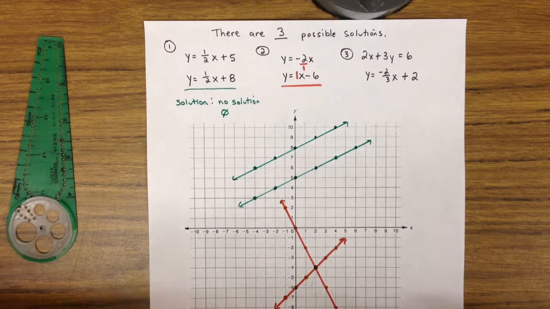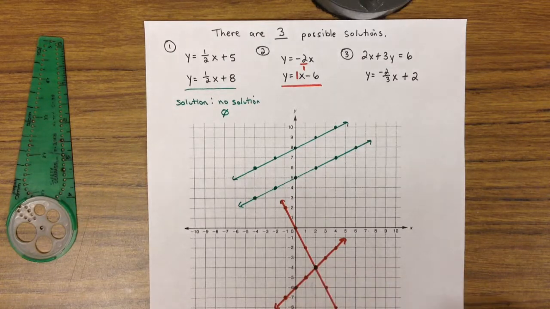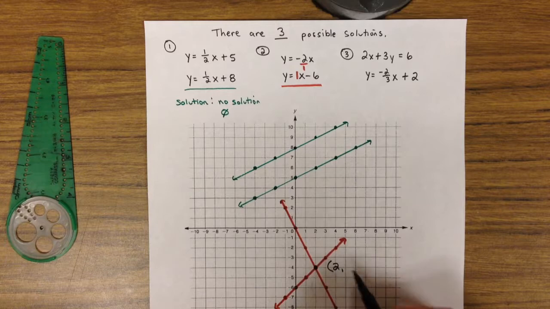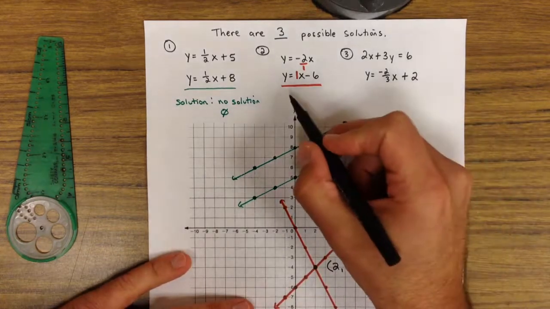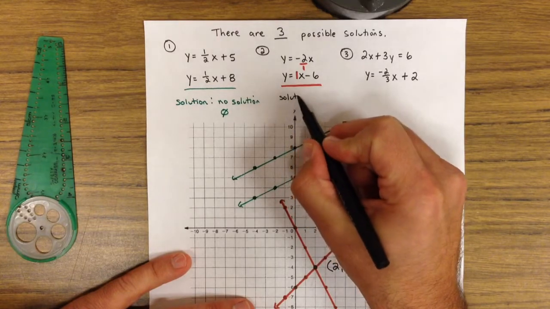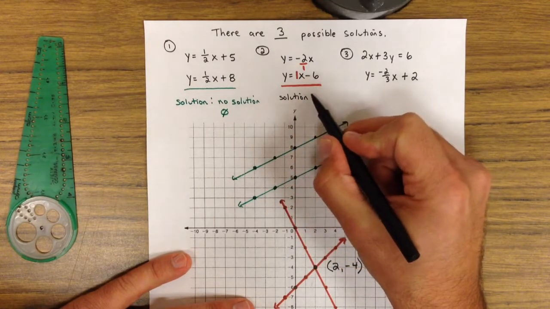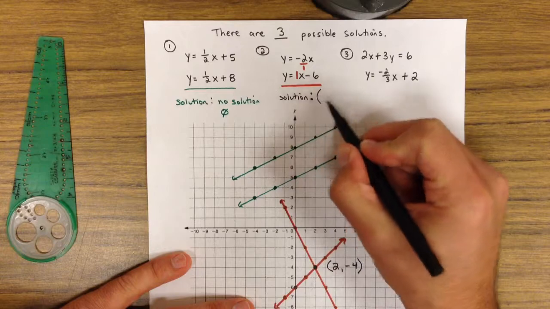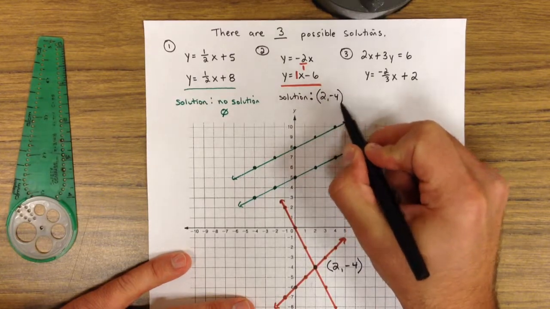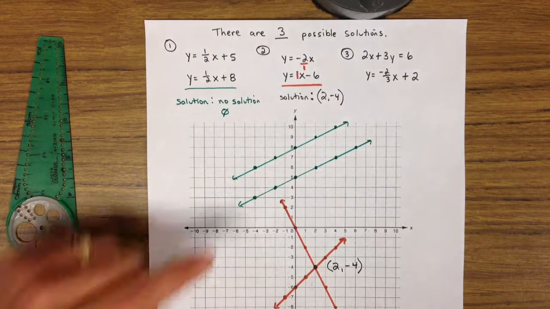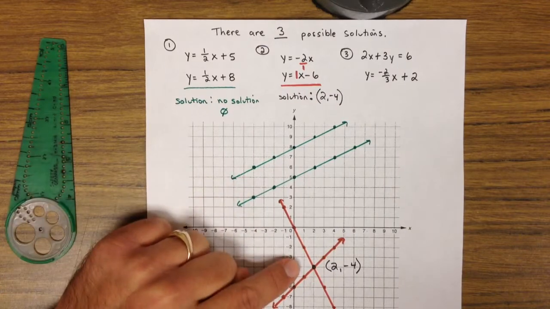But together they only have 1 common solution. And that point is the point 2, -4. So our solution here is the point 2, -4. So this one had no solutions. This one has 1 solution.